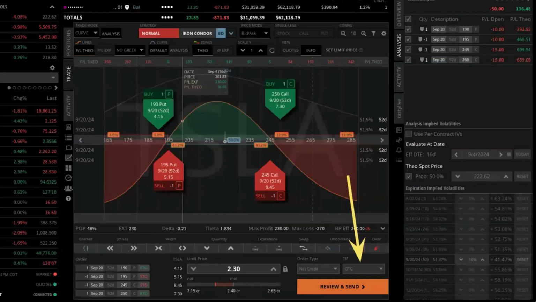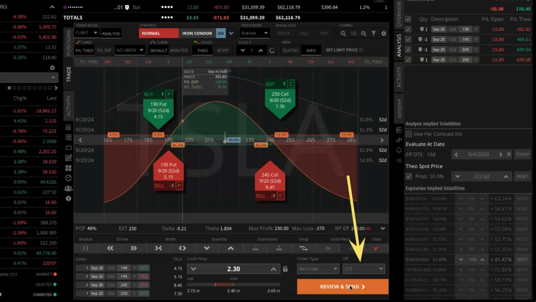What you're saying is, hey, I want to keep this order working for an indefinite amount of days until it trades up to this price, and then I want to get into it. So it might be a little more applicable for your closing orders and or for stock trading or outright futures trading, but generally I'm just setting it as GTC. You can also do day orders if you want, but it just depends on what you're looking to do.